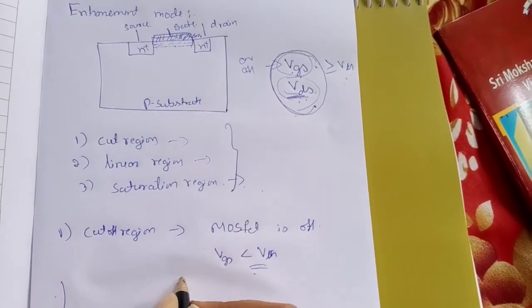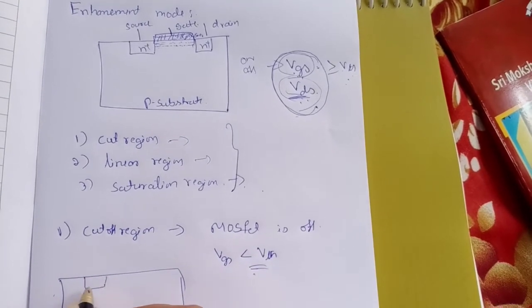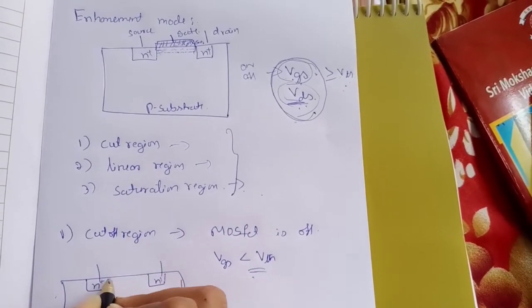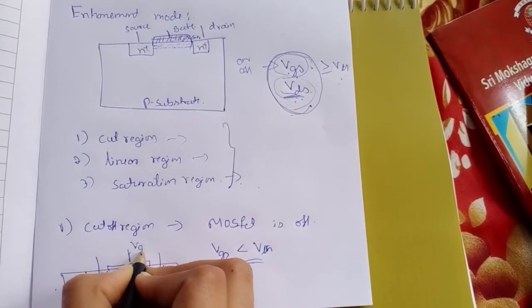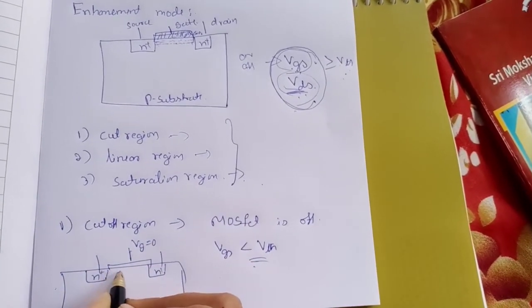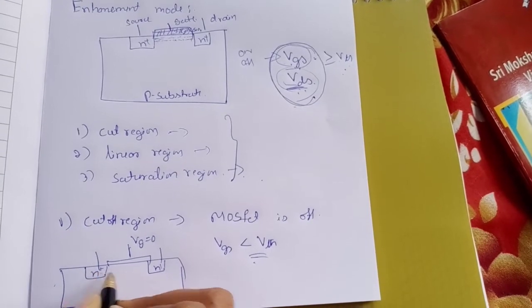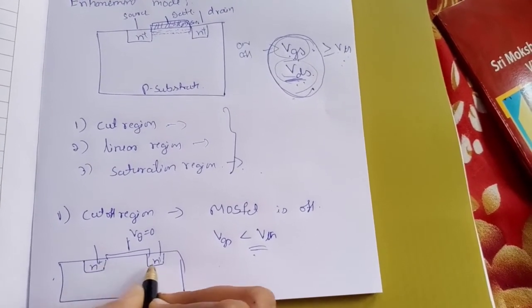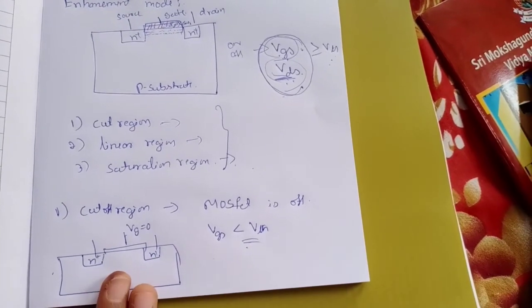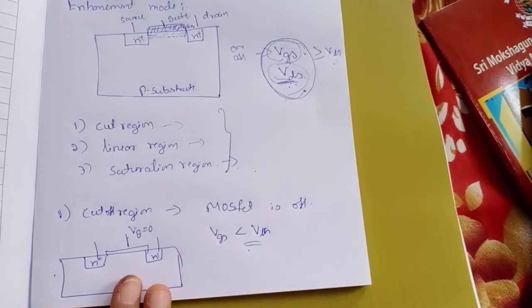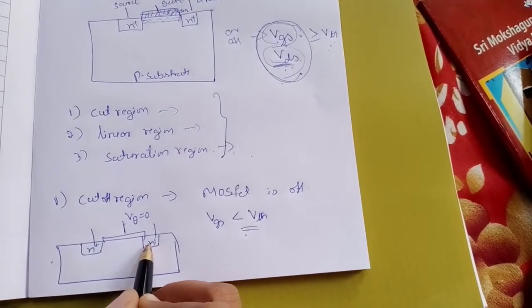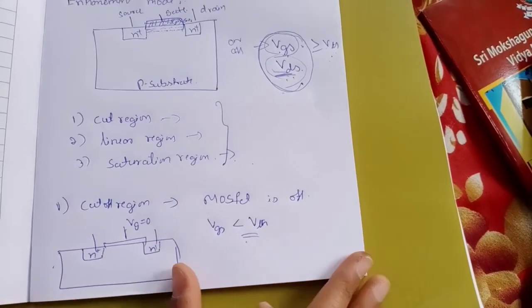In the cross-sectional view, this is the N plus source and N plus drain, and this is the gate voltage. Vg is equal to 0. No channel is formed between source and drain, so there is no conduction between the source and drain. This is the ideal case. So the MOSFET is in the off condition, and no current flow means it is in the off condition.